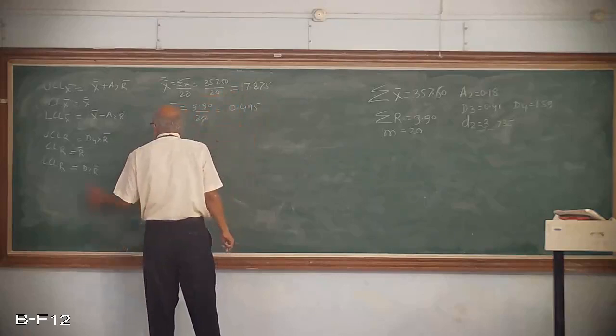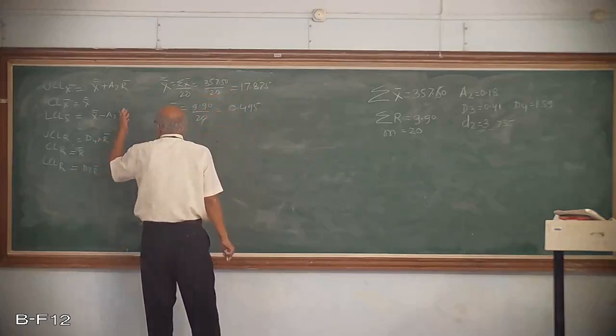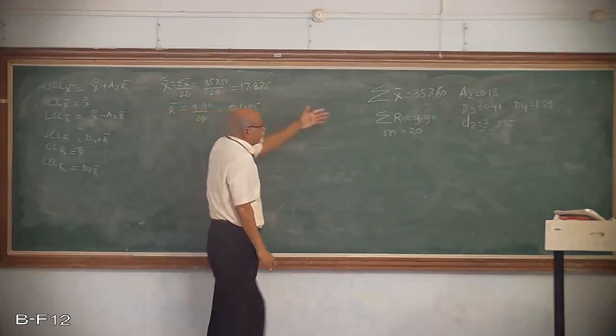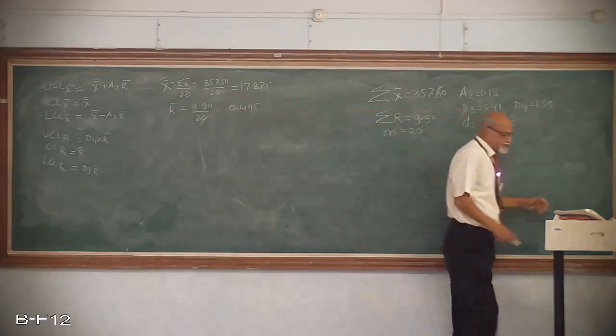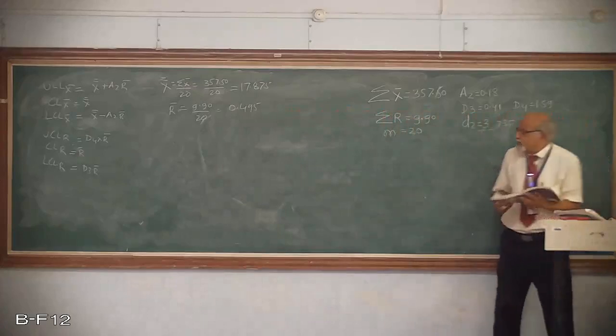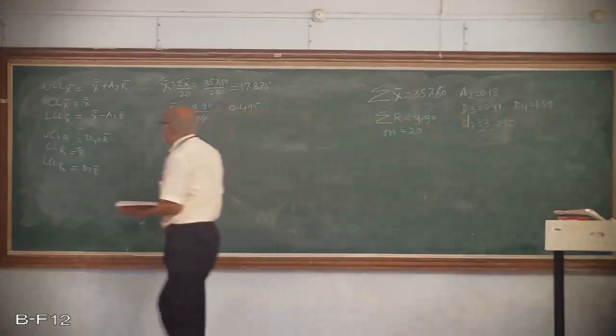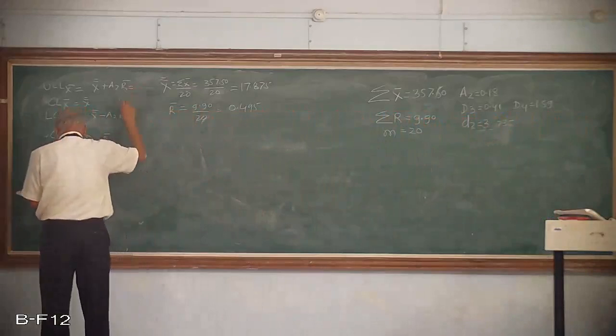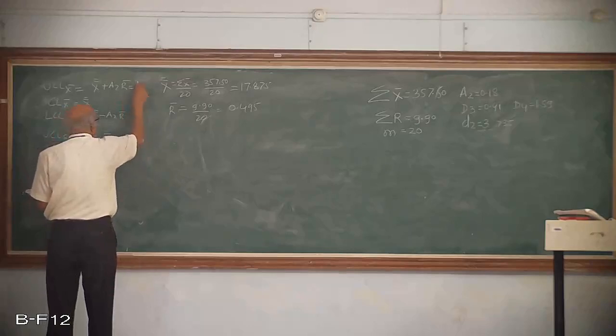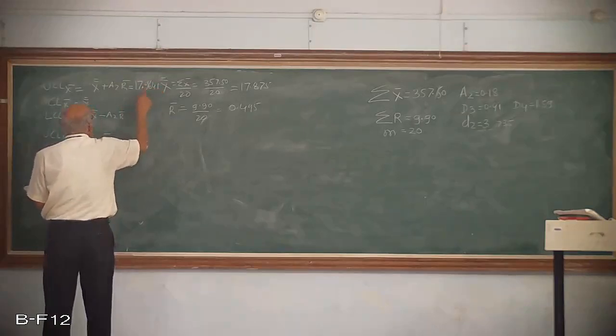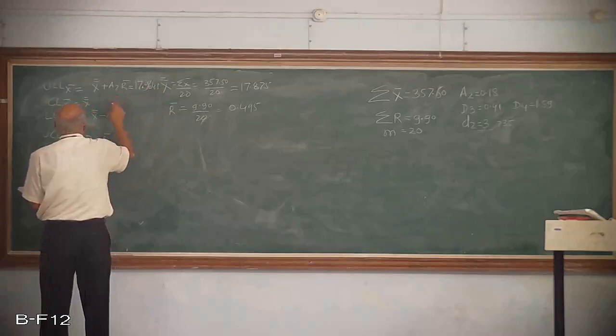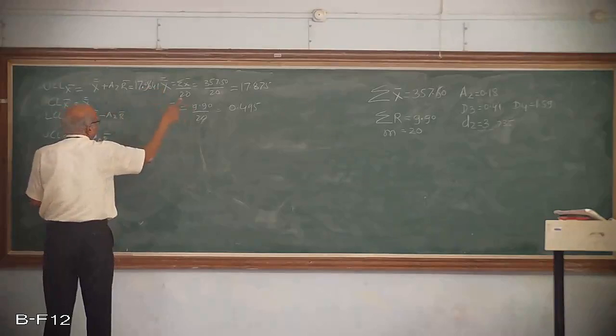Okay. So the upper control limit, A2 and these values are given, by multiplying the corresponding elements we are going to get the total values, which I am going to mention here. The total value is 17.9641, that is the upper control limit of X bar chart. The central line of X bar chart is 17.875.